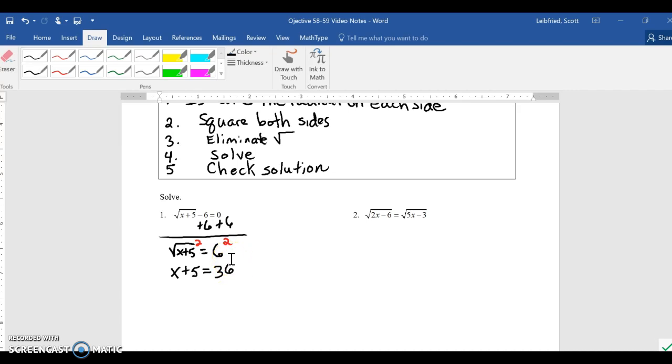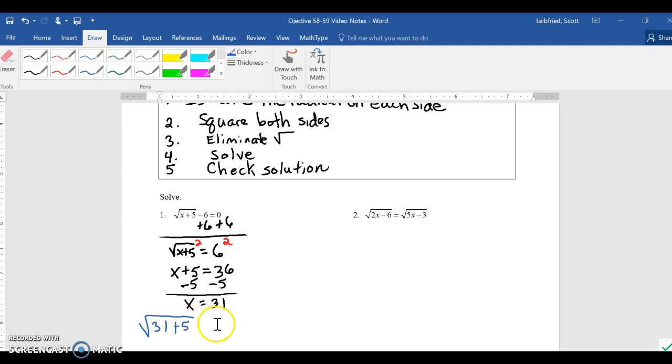Now we're on to step 4. Step 4 is solving. This is first semester stuff. We subtract 5, and we get x equals 31. The last step is very important in this chapter: to check your answers. We substitute in 31 for x.